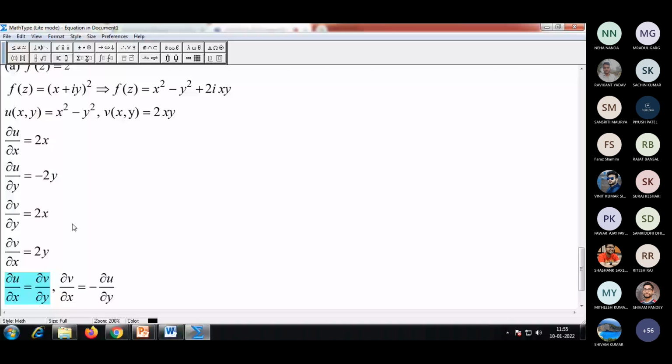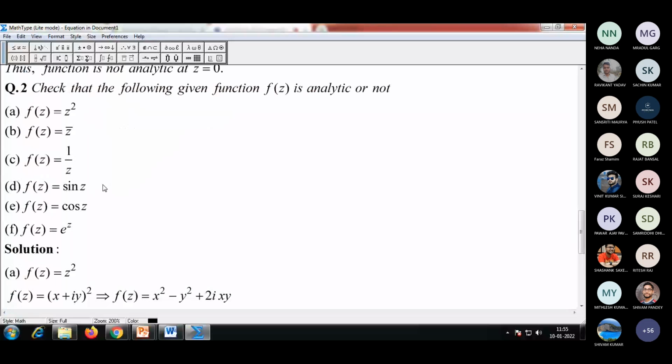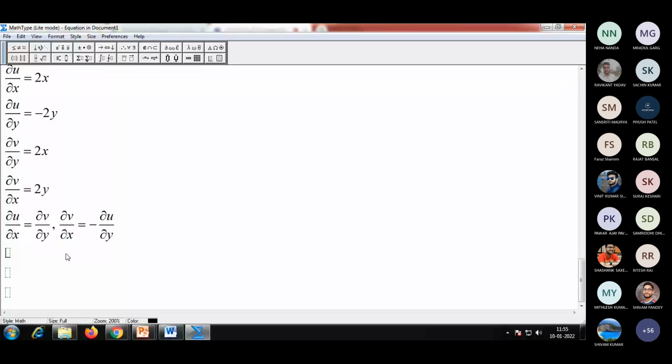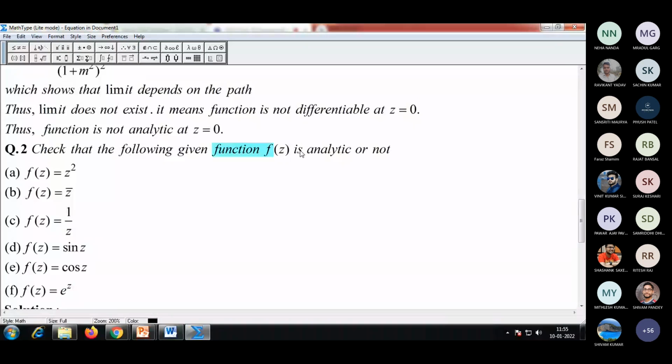And both partial derivatives are continuous. So it means f(z) is analytic.